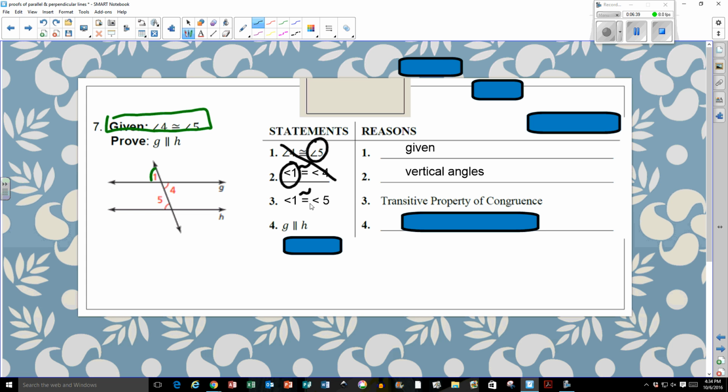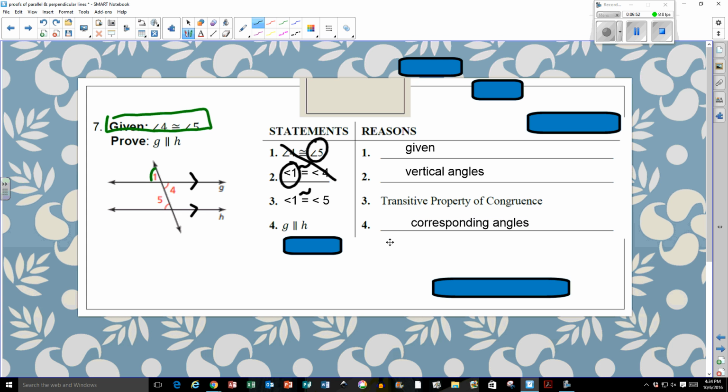The ones that are left over are equal by transitive. So that means that G is parallel to H. So I can now say that G is parallel to H by corresponding angles because 1 and 5 are corresponding.